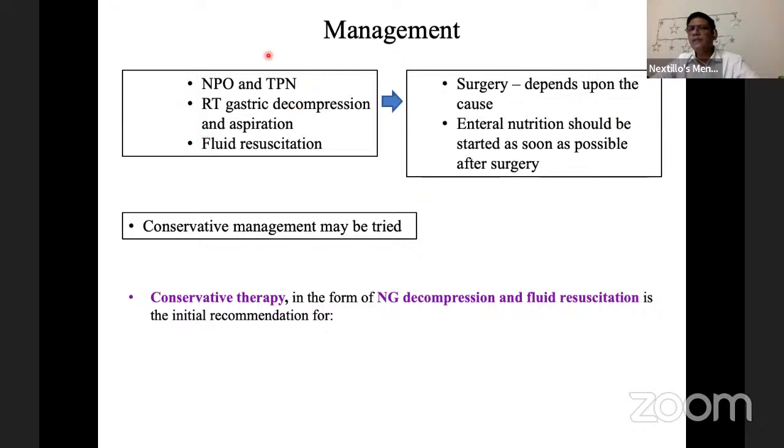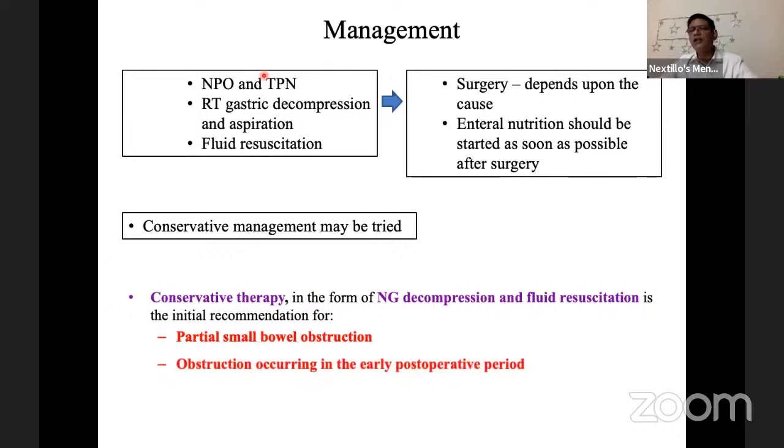That is the decompression of the proximal section along with fluid resuscitation and parenteral nutrition. Now, this is recommended in some specific scenarios, like when we have a partial small bowel obstruction, or we have an obstruction occurring in the early post-operative period.